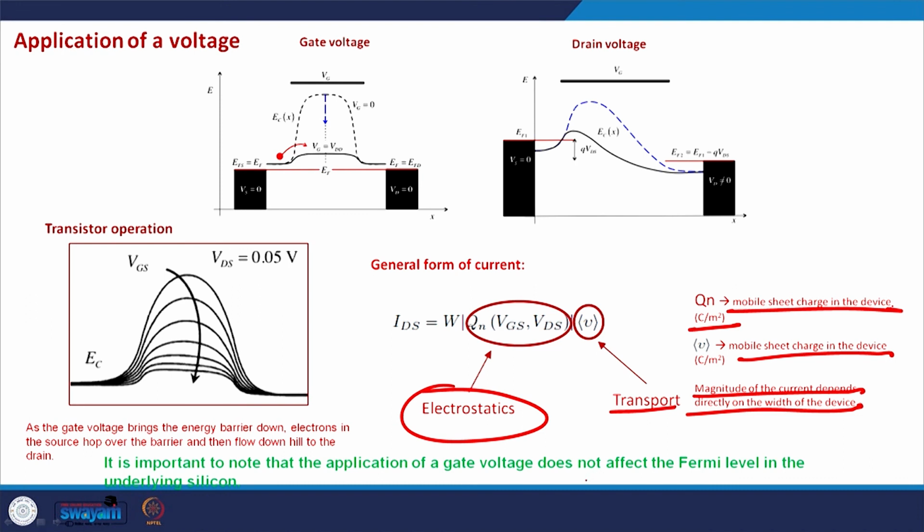Apart from these things, I have already highlighted that the application of the gate voltage does not affect the Fermi level in the channel. This we have already seen, because the electronic distribution does not change on application of the gate voltage. That's why the Fermi level is maintained, and equilibrium is also maintained in the system even when a gate voltage is applied.